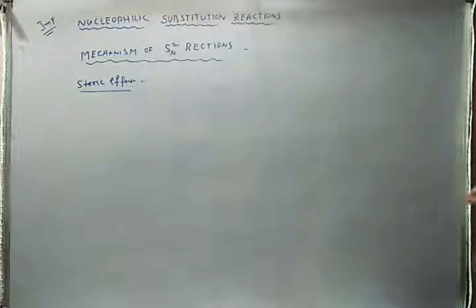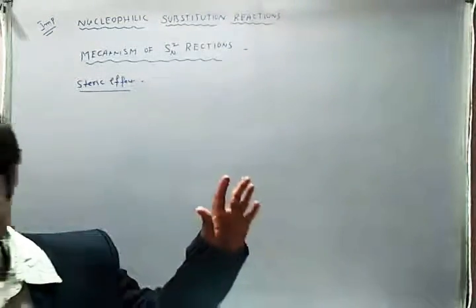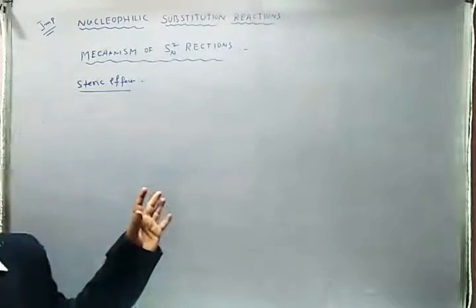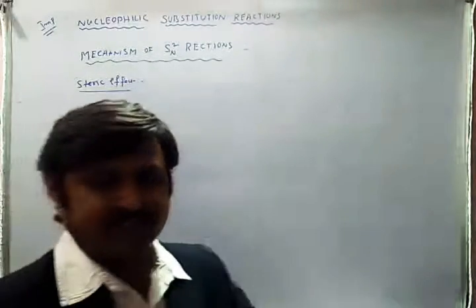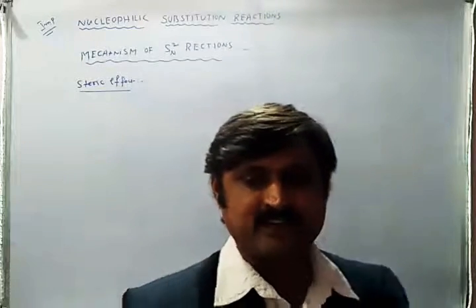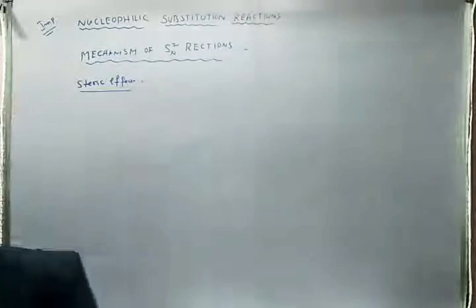Let us see the steric effect. Effects due to groups occupying a certain volume of space are called steric effects. A steric effect that decreases the reactivity is also called steric hindrance.